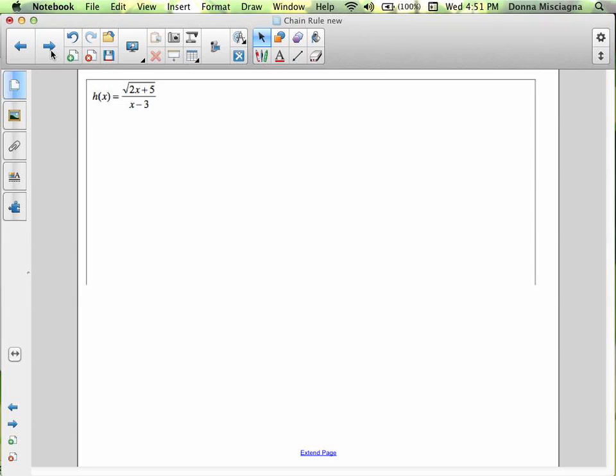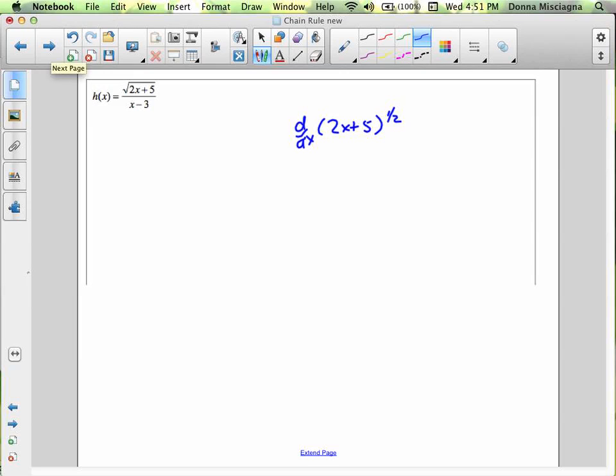All right, so here we have a composite with a quotient rule. Let's find the derivative of the composite part first. So in other words, let's find the derivative of the numerator. So we're taking the derivative of the 2x plus 5 to the 1/2 power. I've already rewritten that as a rational exponent so that we can differentiate.